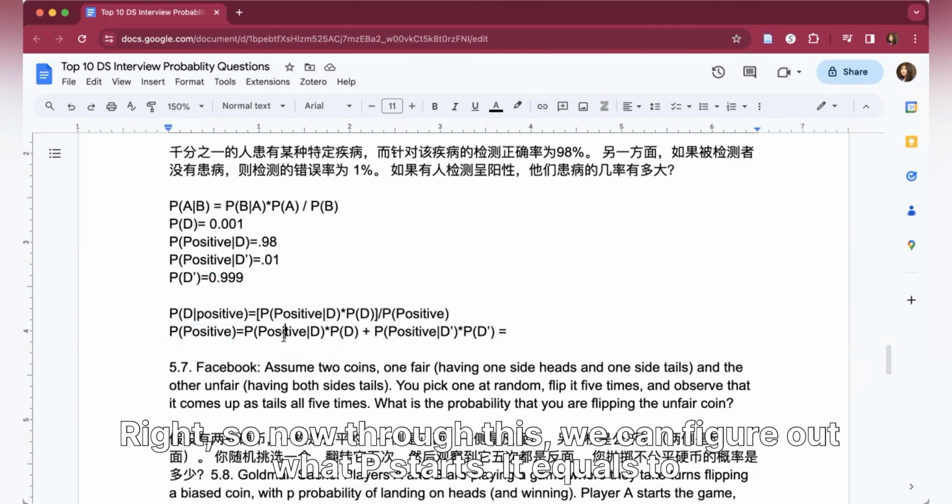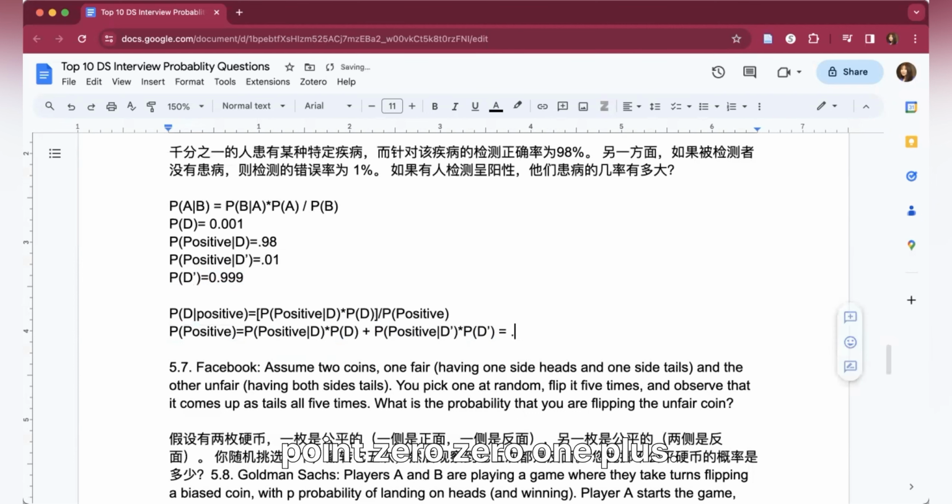It equals 0.95 times P(D), 0.001, plus 0.01 times 0.999.